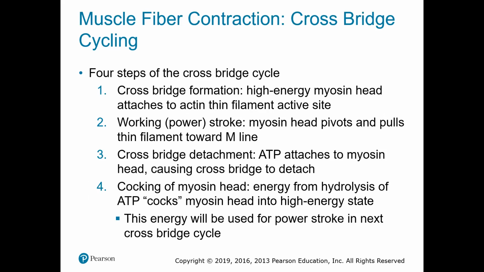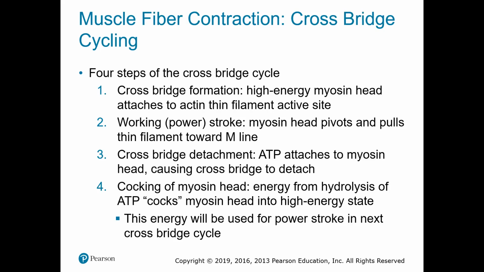So we have 4 steps to this. We have what's known as crossbridge formation. That is where the myosin heads attach to the actin. These myosin heads have been charged up with ATP. They have energy. They are in what we call the cocked position and ready to fire.